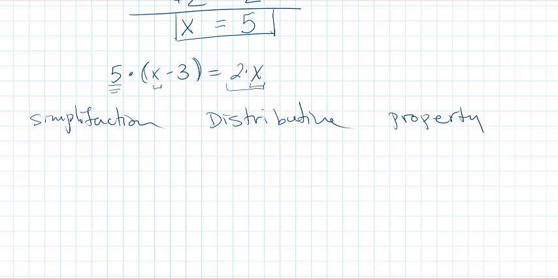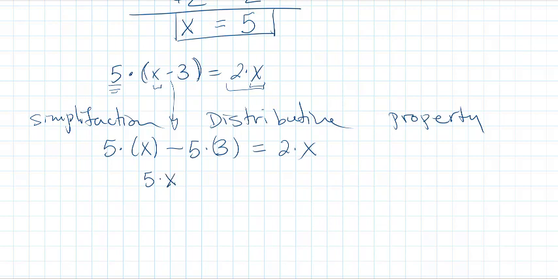So we have 5 times x, and then minus, because we have a minus here, 5 times 3 equals 2 times x. Let's write that out more simply. So we have 5 times x minus 15 equals 2 times x.